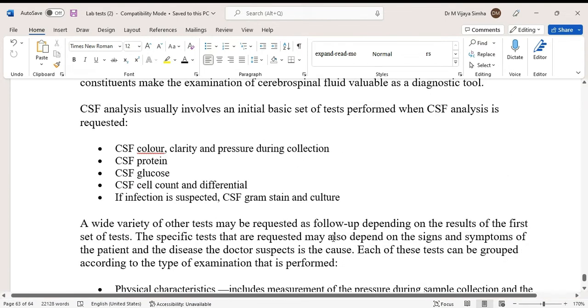CSF analysis usually involves an initial basic set of tests performed when CSF analysis is requested: CSF color, clarity, and pressure during collection; CSF protein, CSF glucose, CSF cell count and differential. If infection is suspected, CSF gram stain and culture need to be done.